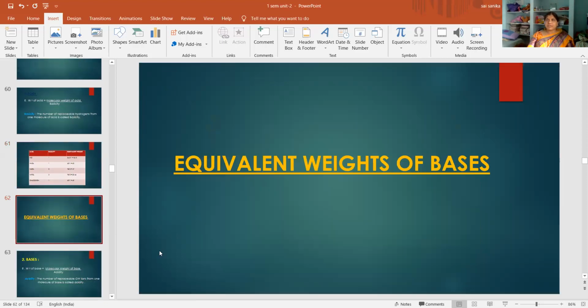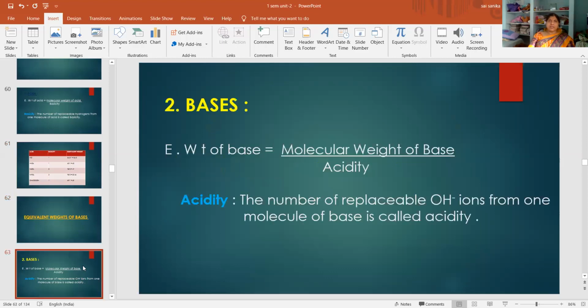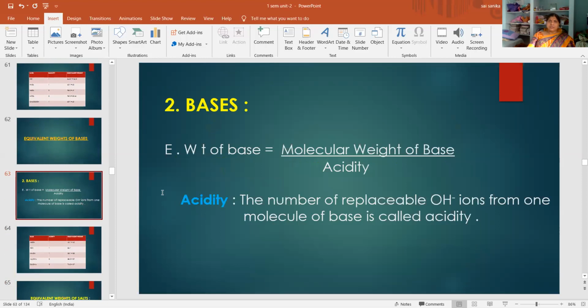The next, equivalent weights of bases. How will you calculate the equivalent weight of bases? The equivalent weight of a base is calculated by the formula molecular weight of base by its acidity.